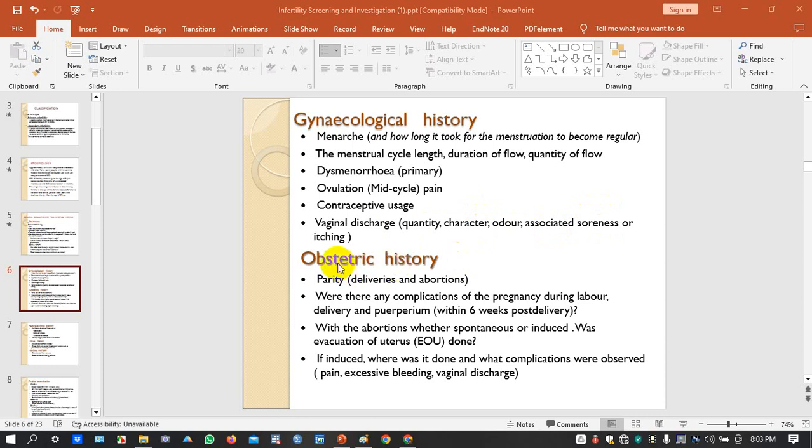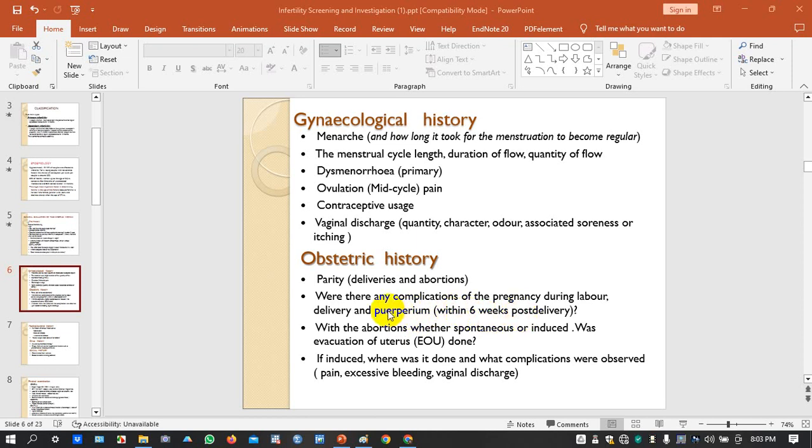We also look at obstetrics, which is pregnancy. So pregnancy history. Parity means deliveries and abortions in the past. Number of deliveries, that's the number of children you have, whether live or aborted. Were there any complications of the pregnancy during labor, delivery, and 6 weeks post-delivery?